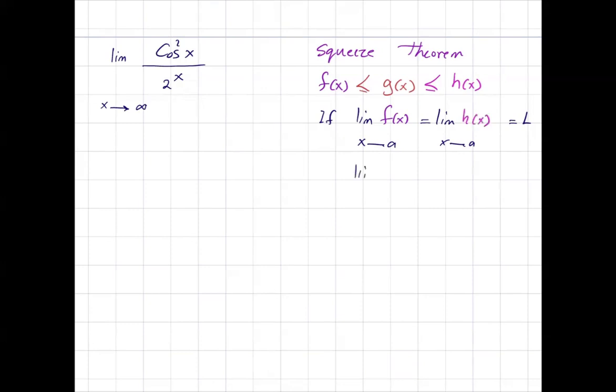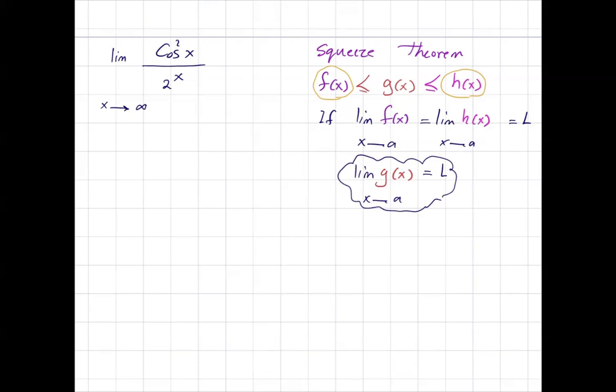So the limit of g of x must be equal to L as x goes to a. So our goal is to find two nicer functions, f and h, that we know how to deal with. We need to come up with these two easier functions that have a behavior that we can easily analyze.